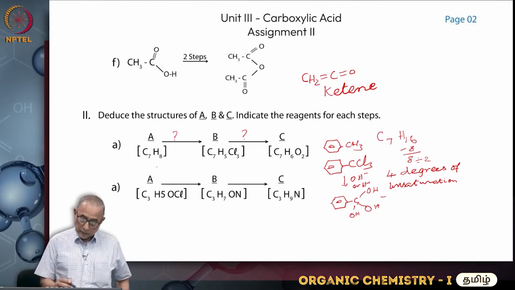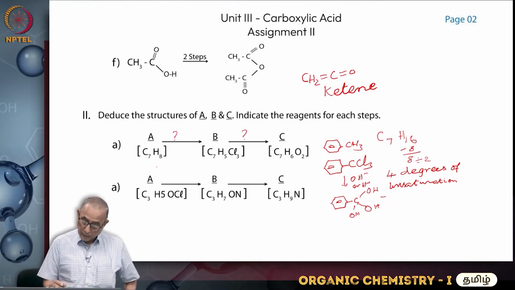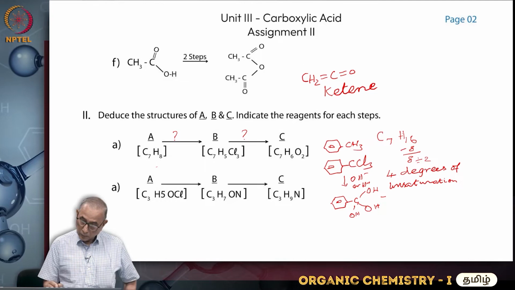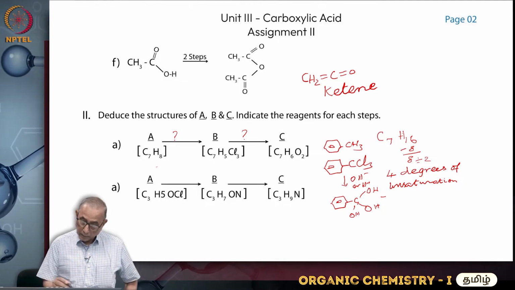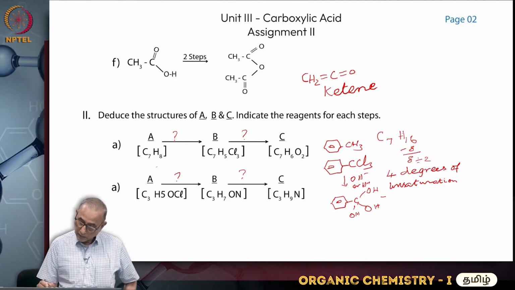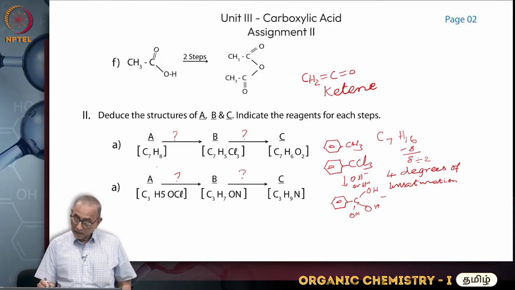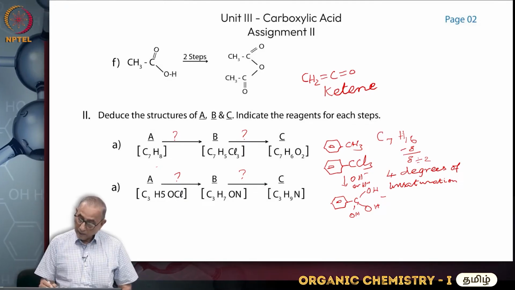The next sequence of reactions: A is C3H5OCl and it becomes C3H7ON, and then on treatment with what reagent, it becomes C3H9N. C3H9N has no oxygen, only hydrogen.